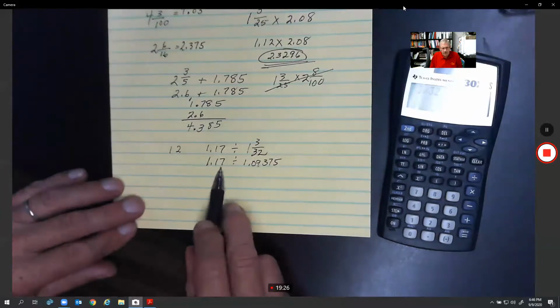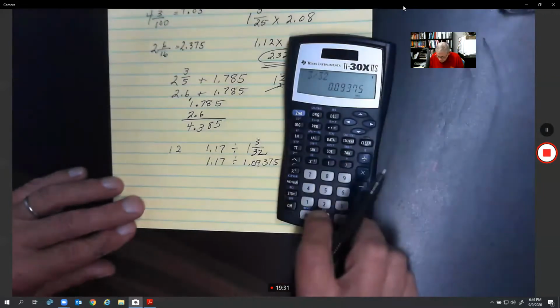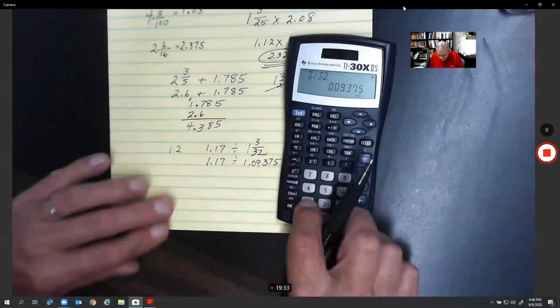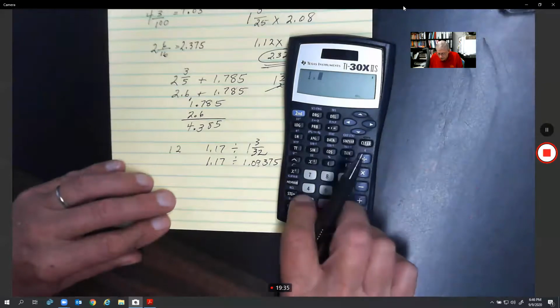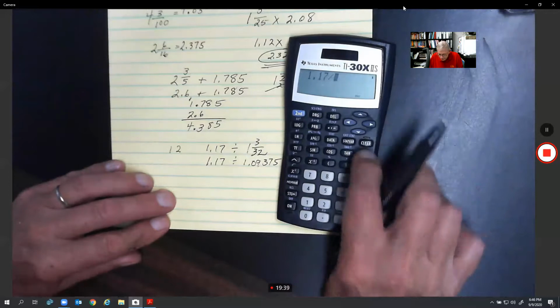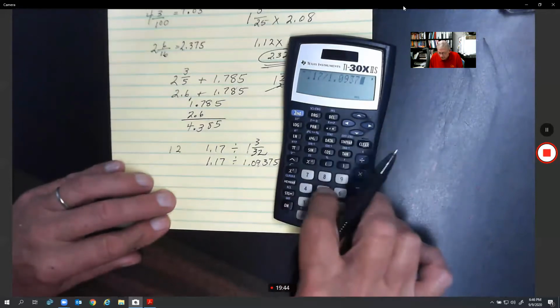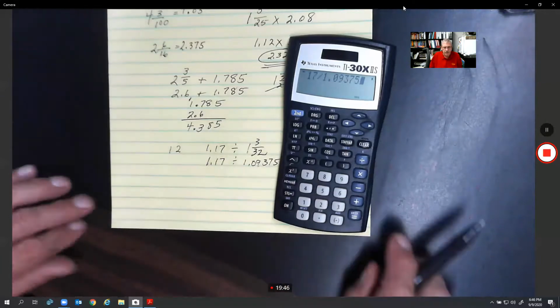Now, if the problem's written this way, that's the way we're going to enter it. Notice I took the time to write this down. 1.17 divided by 1.09375. Let the paper and the pencil do the work.